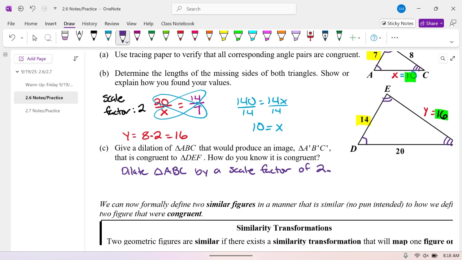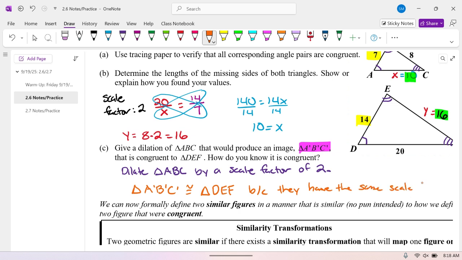And that would give us A prime, B prime, and C prime, which again, that would be congruent to DEF because they have the same scale factor. It's the same proportion. So A prime, B prime, C prime would be congruent to DEF because they have the same scale factor and congruent angles.